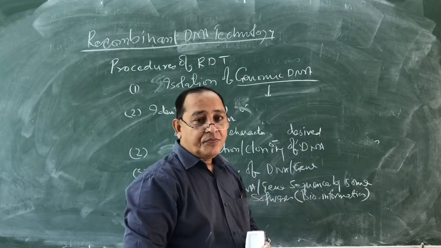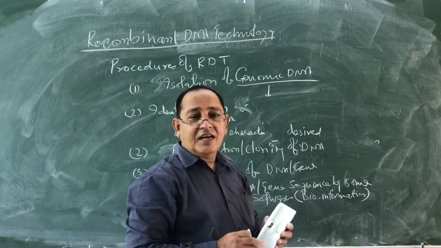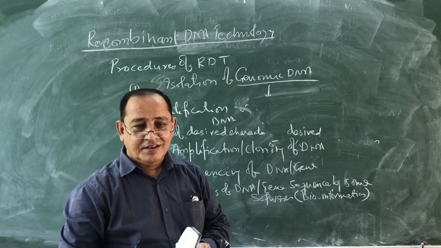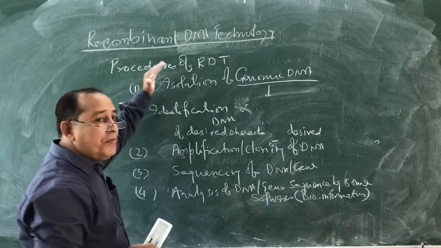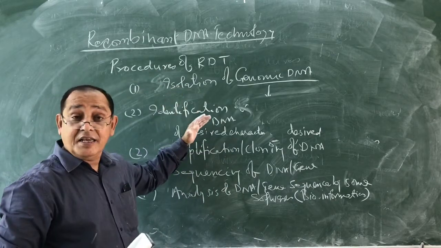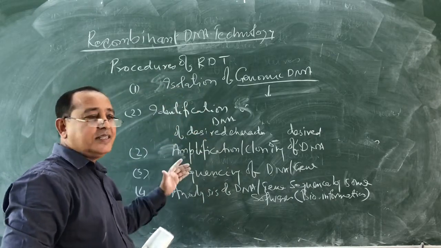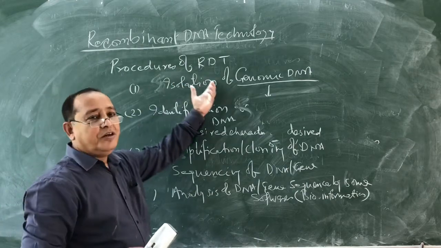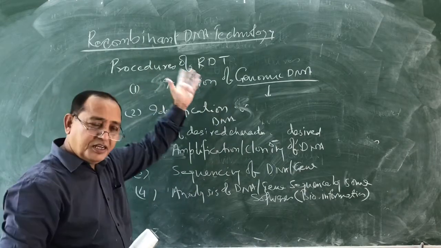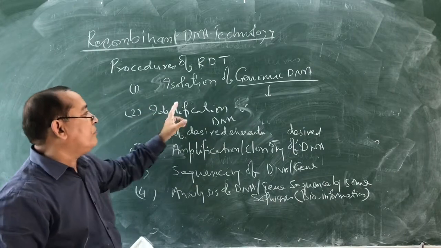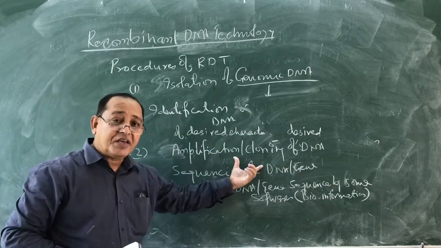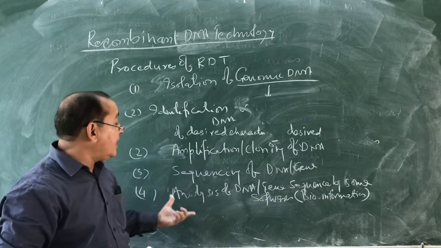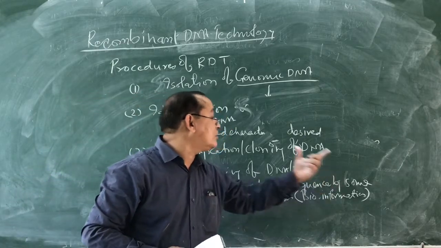So there are a number of techniques involved in recombinant DNA technology, and this is the main process. These are not the techniques, but this is the process of recombinant DNA technology: isolation, identification, amplification, sequencing, and analysis of gene sequence.